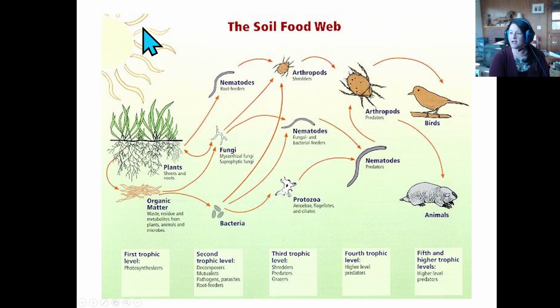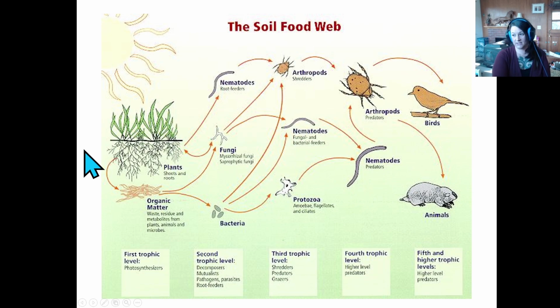So here's our sun, and it's coming down onto our green plants here, and it's photosynthesizing, making nutrients in the form of carbohydrates and simple sugars. And those carbohydrates and simple sugars are going to be stored in the root system of the plants. So here are roots, and those are our sugars attached to the roots here, or in the roots, okay?